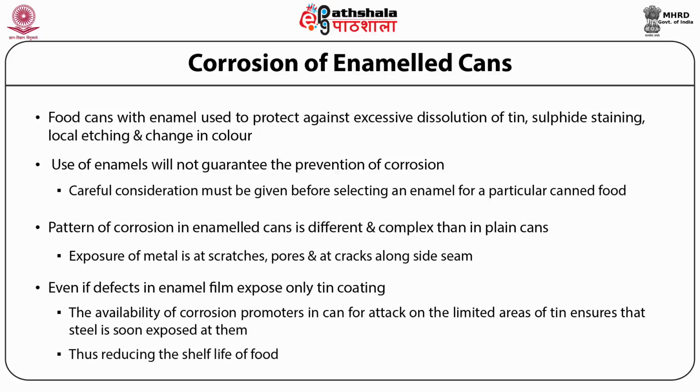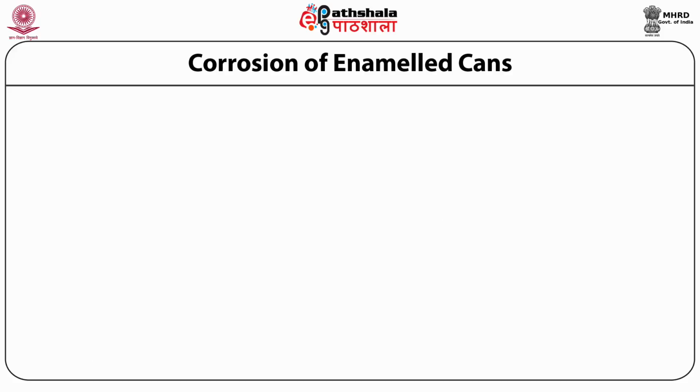Thus, it is easily possible for the use of enamel to actually reduce the shelf life of the canned product. So the enamels generally applied for the betterment of the cans can sometimes harm the cans or start the corrosion in the cans.